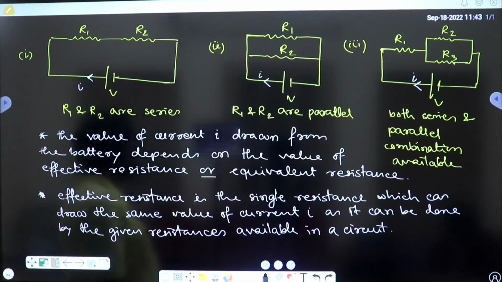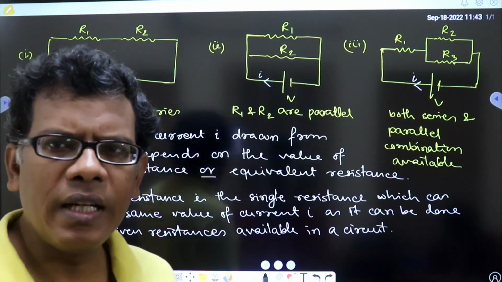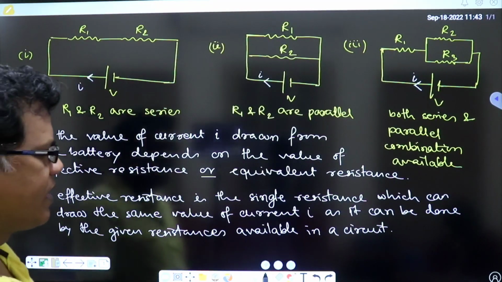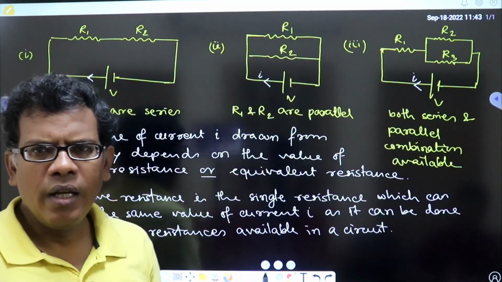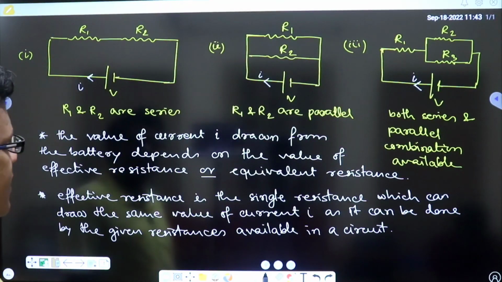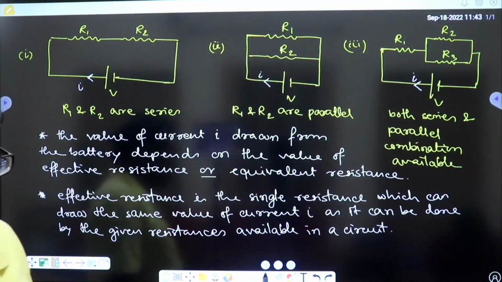Is that okay? Are you able to understand it? What does it mean of saying the effective resistance against a certain number of resistances connected across a battery?